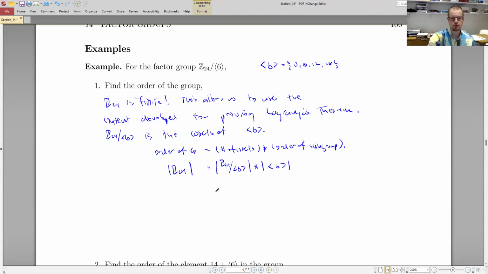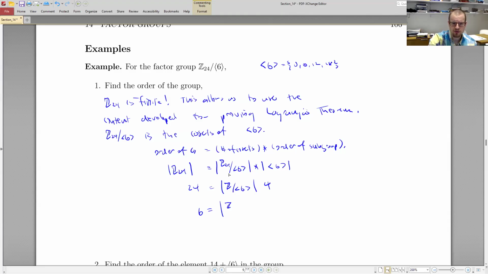Multiplication here, if you choose to write that symbol there. The Z24, of course, has 24 elements in it. This is the thing that we are interested in finding. And we already said that this has 4 elements in it. Divide both sides by 4 to get the size, or the order, of the factor group.